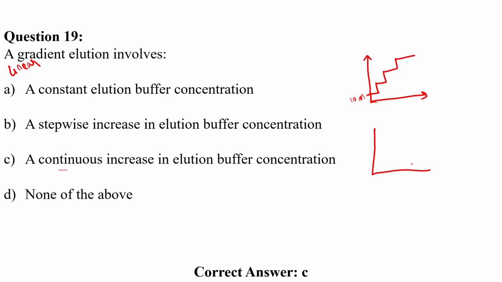Whereas in a linear gradient, from 10 millimolar to 1 molar, we will have a linear increase in the salt concentration. So we won't have any breaks. From 10 we will not jump to 20 directly, we will grow linearly from 10, 20, 30, 40 like that. So that is a linear gradient elution, a continuous increase in the elution buffer concentration. Okay.